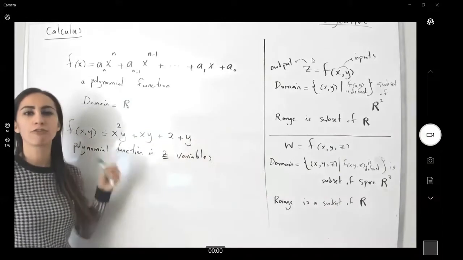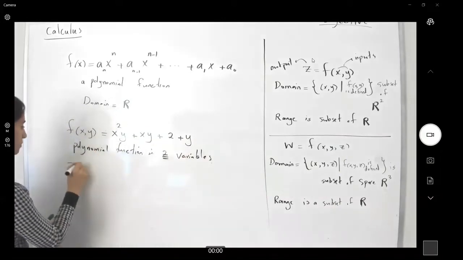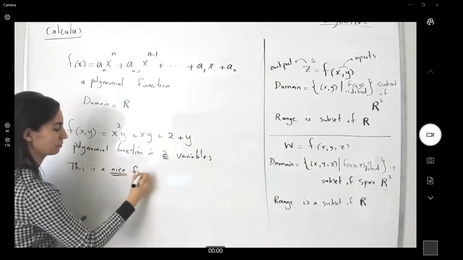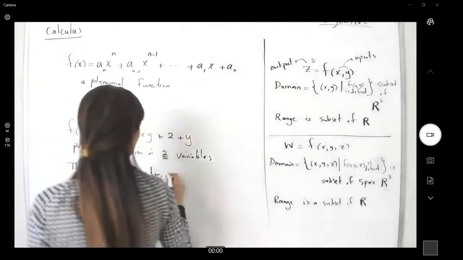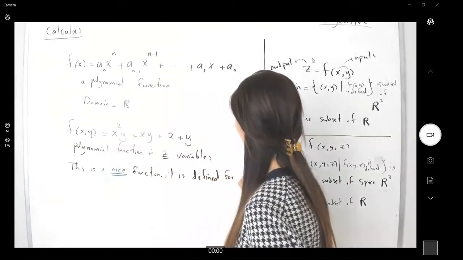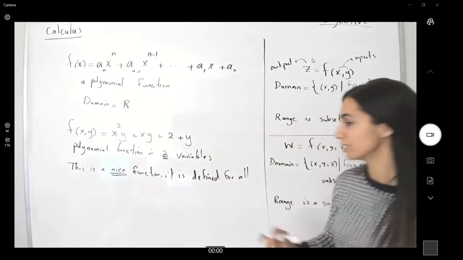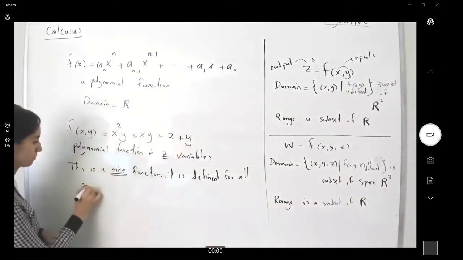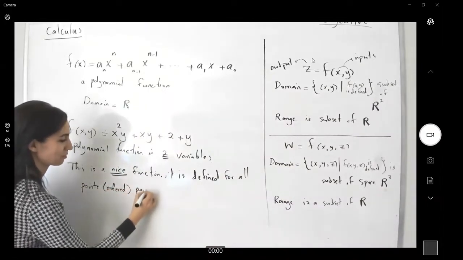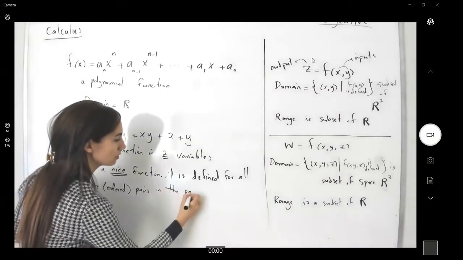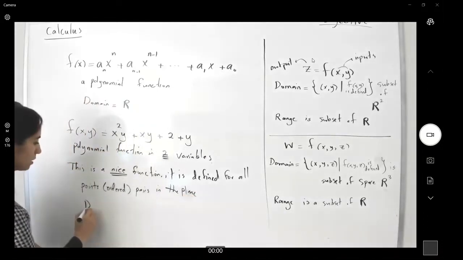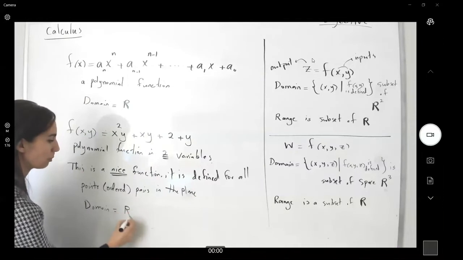This function is defined for all ordered pairs. This is a nice function. It is defined for all ordered pairs, points in the plane. So the domain is the plane itself.